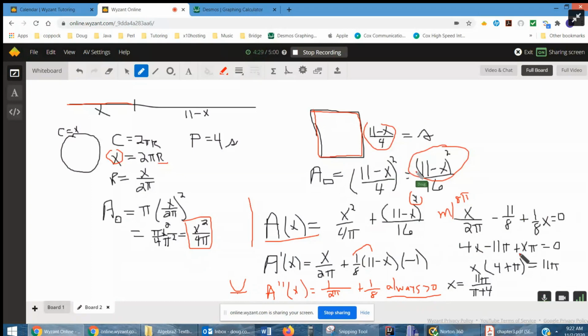Here I get minus 11 pi plus pi X, or X pi, equals 0. How do I solve for X? Add 11 pi to both sides. Factor the X out from these two terms. And finally divide by the coefficient of X, 4 plus pi. There is your minimum value, there's the X value that gives you a minimum.